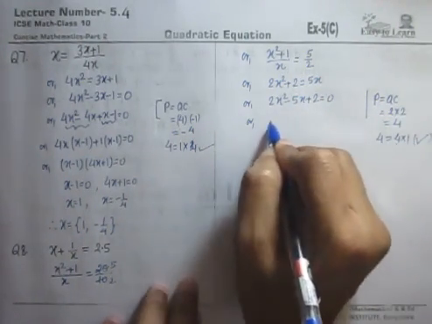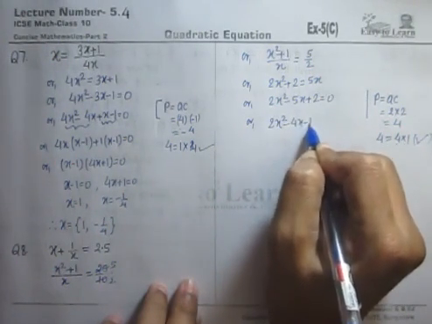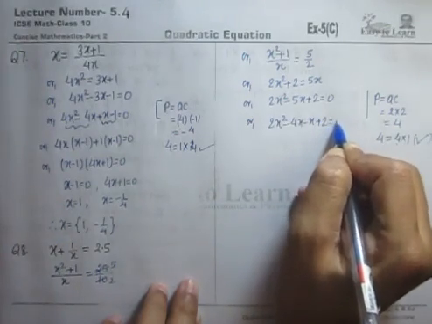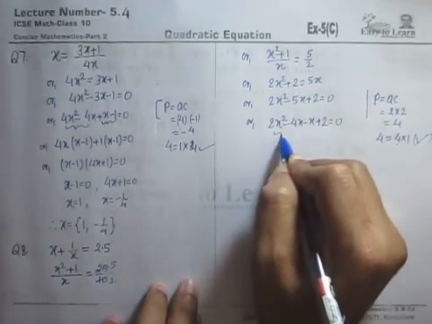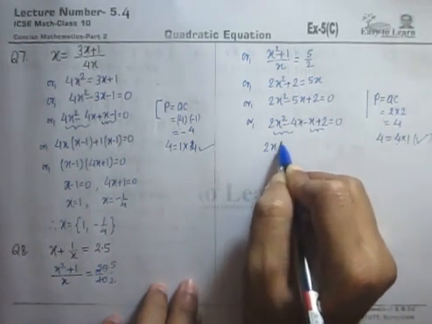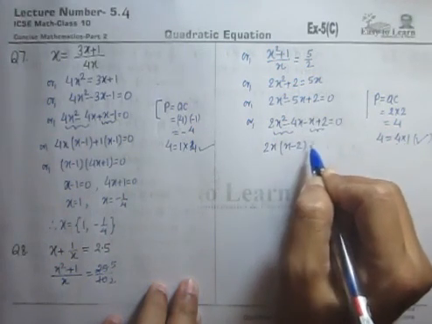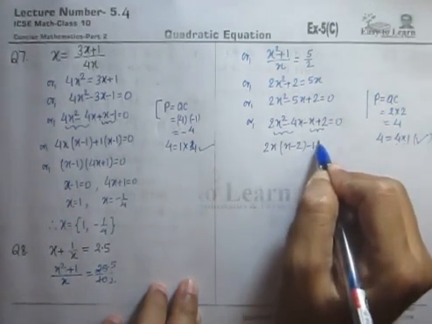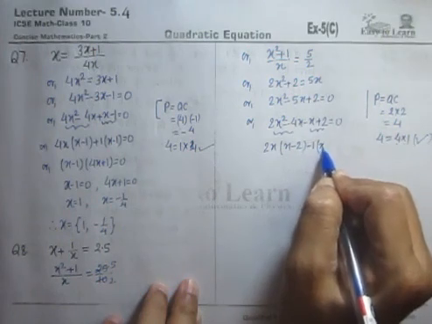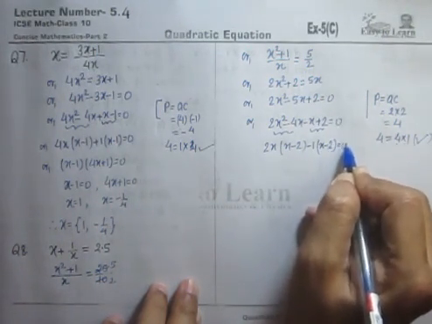So we can write 2x square minus 4x minus x plus 2 equal to 0. Now from these two and these two take common. So from here we can take 2x common, so it will be x minus 2. Now from these two we have to take minus 1 common, then only we will get x here. This plus will convert into minus, and then 2 equal to 0.